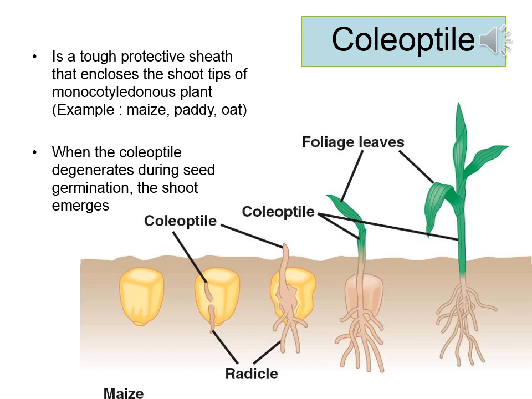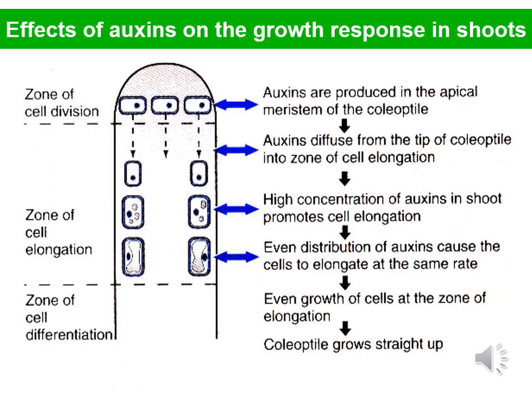Okay, this is the effect of auxin on the growth response in the shoot. Okay, in the shoot, there are three zones: zone of cell division, zone of cell elongation, and zone of cell differentiation. First of all, the auxin are produced in the apical meristem of the coleoptile.